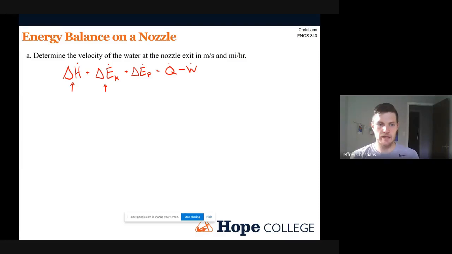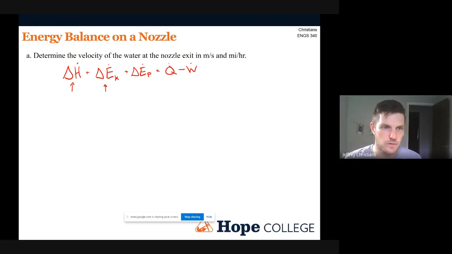If you're doing detailed turbine design for a power plant, you'd need to take those into consideration. But for our first pass, we can typically ignore them unless it's a system like a nozzle designed to give you a kinetic energy change, or you're told the initial velocity is this and the final velocity is this.